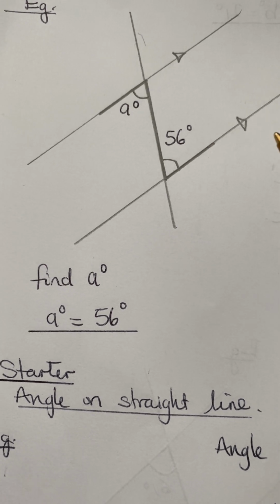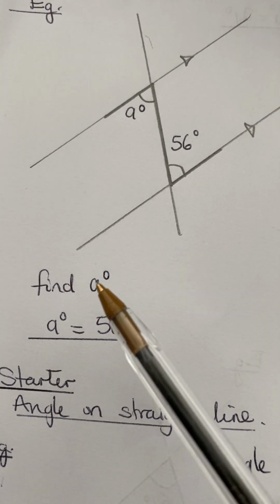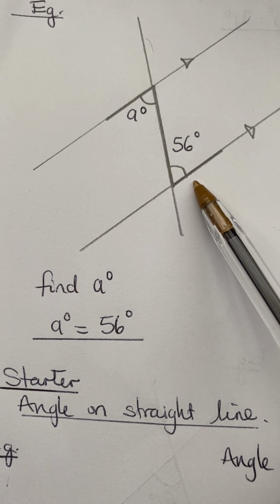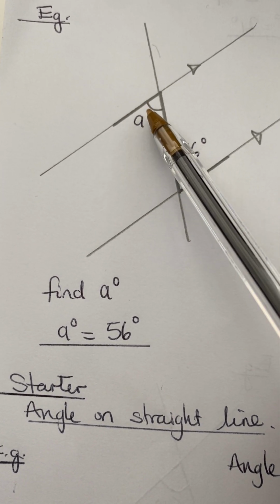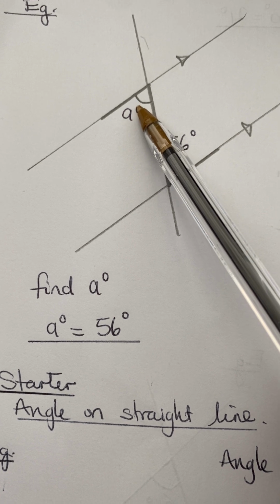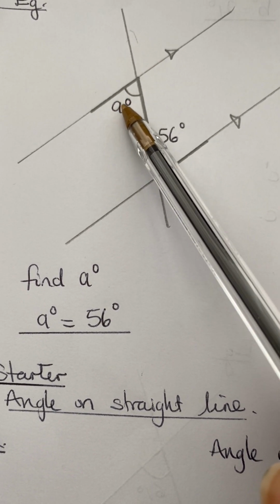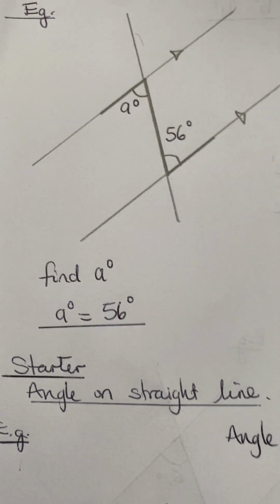So here, find A. So A, this is 56. So using Z angles, alternate angles, the A here is also 56.